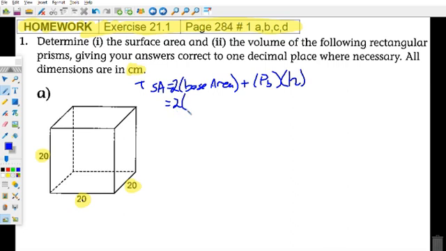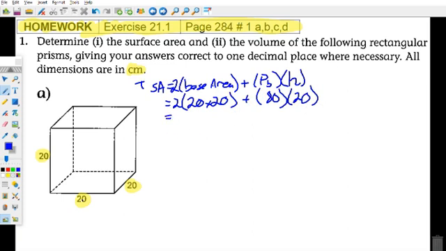So we're going to say 2 times my base area, length times breadth, 20 times 20, plus my perimeter of a square. You just add up all the sides. So it's going to be 80 times my height of 20.